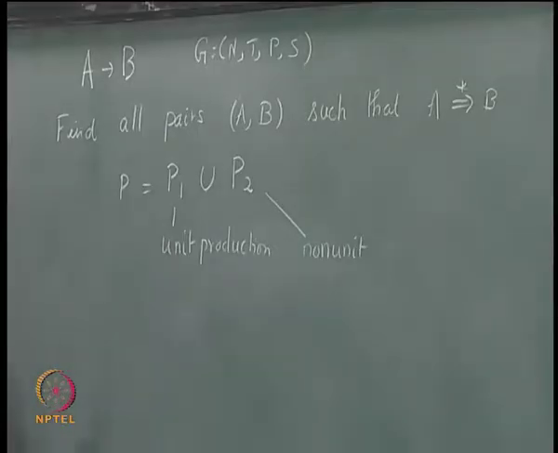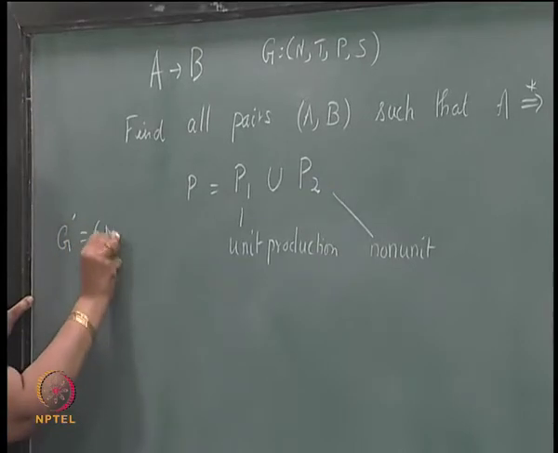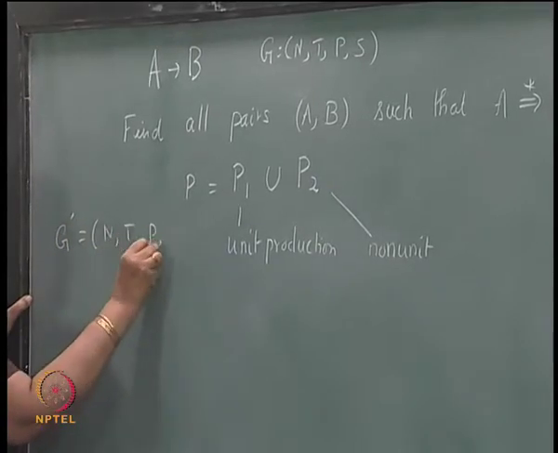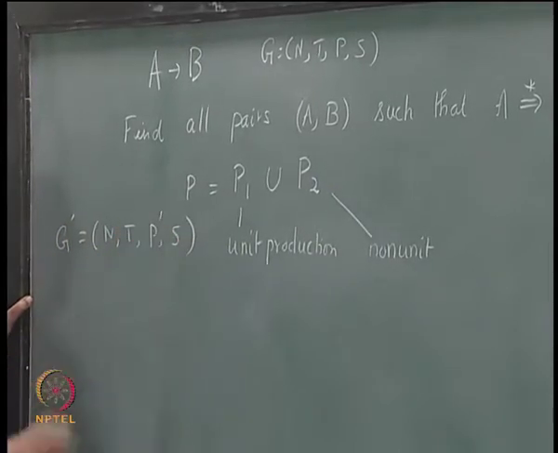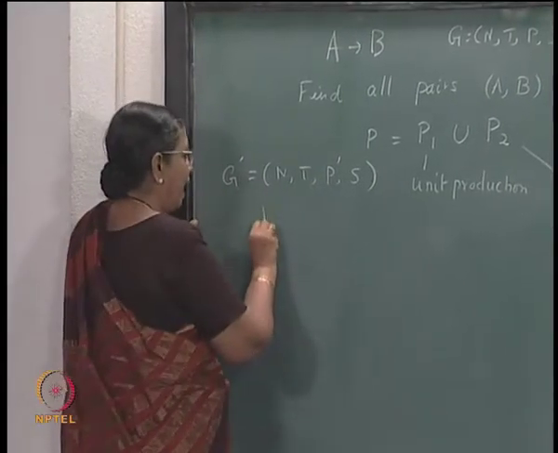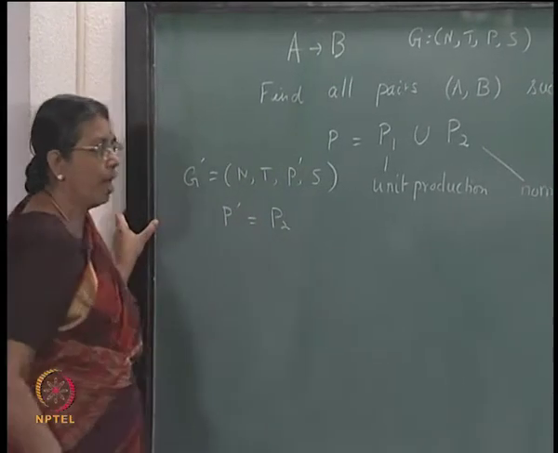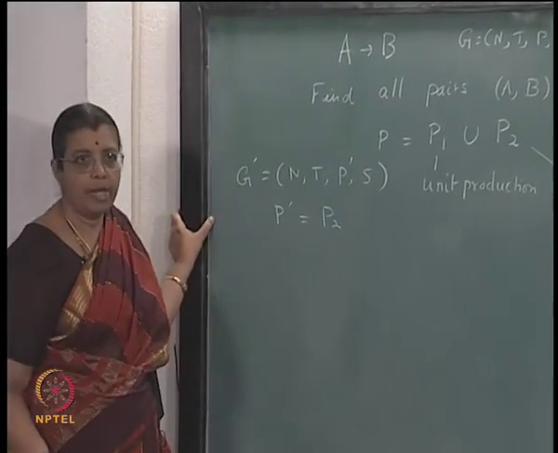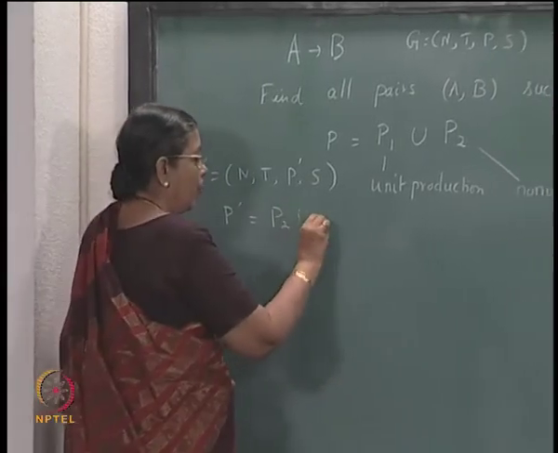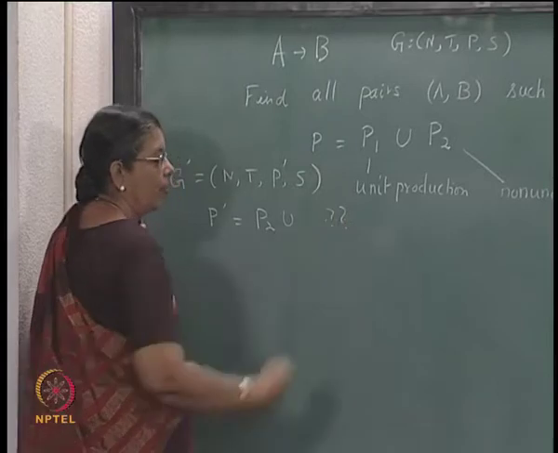Now, you construct an equivalent grammar G dash is equal to N, T, P dash, S, same non-terminals, same terminals, but the production rules are different. What is P dash? P dash consists of all of P2; all of P1 will be removed, but instead you will add some more rules. And what are these rules you are going to add?